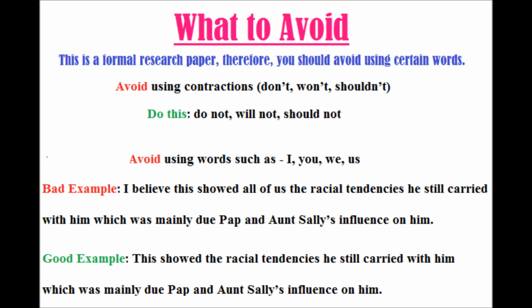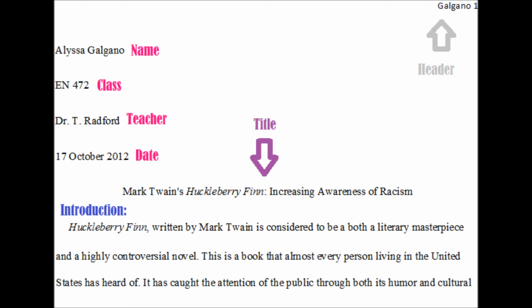Your first page. Tomorrow in class, I will give you advice on how to use different ways to navigate Microsoft Word. However, at this moment, I just want to give you a visual on what your first page should look like. On the top right-hand corner should be your header. This will include your last name and page number. This should also be visible on every page.